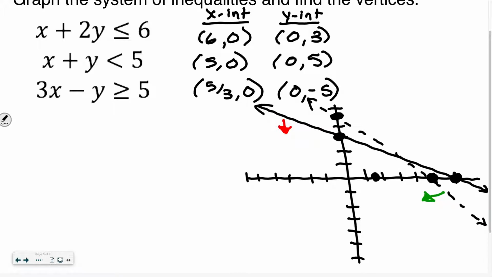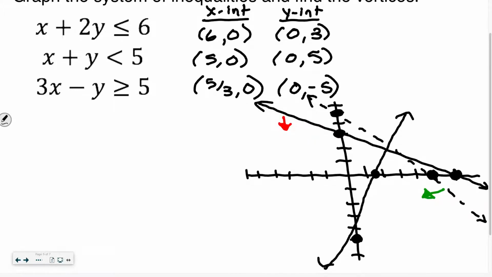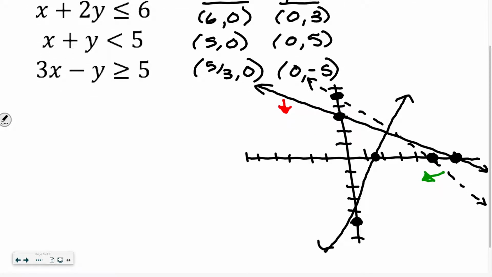And then I have my y-intercept at -5. And this one is solid again. Pretend I went through that point, as usual, and decide where to shade. I can use (0, 0) as a test point again on this one.